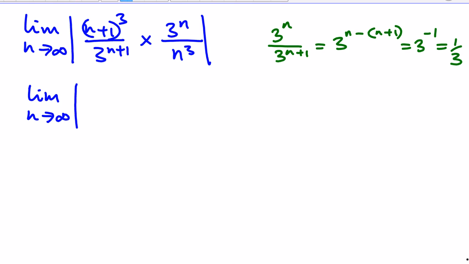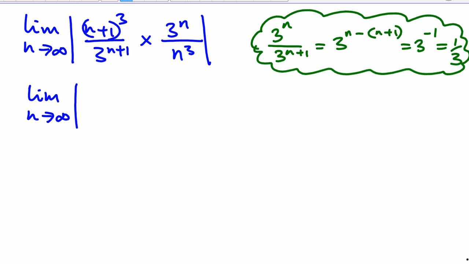Okay, just keep that in mind, indices. So what you're going to have here is a third, and then n plus 1 cubed over n cubed.